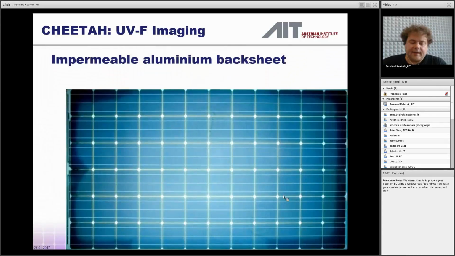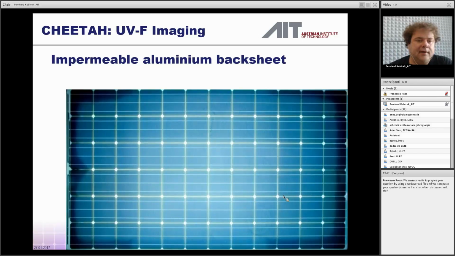Then, when it comes to other module types like glass-glass or glass-aluminium backsheet, the diffusion that you have from the backside is extremely prohibited. There is hardly any diffusion through the aluminium backsheet. And if you have a glass-glass module, you will also have a very similar effect where the diffusion can only come from the side.